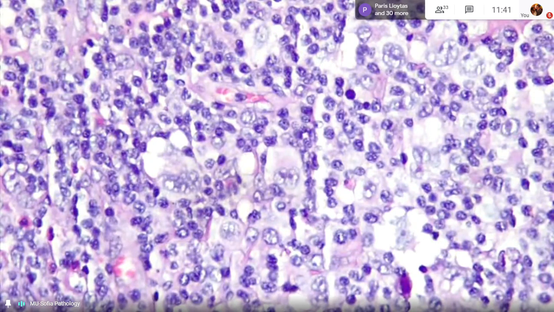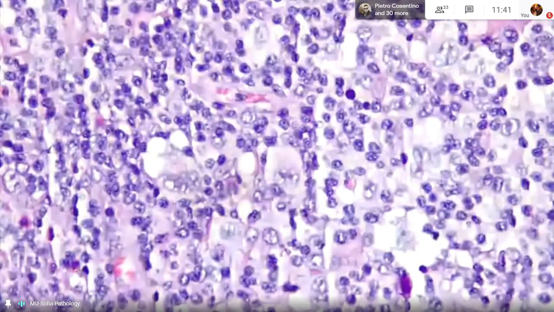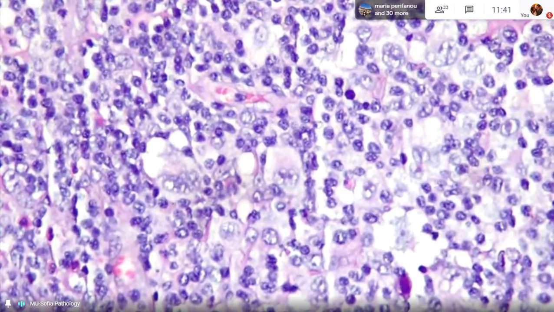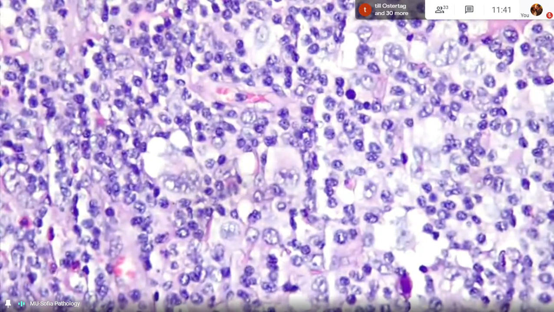This is a typical Reed-Sternberg cell. When we find this Reed-Sternberg cell, or RS cell, with the vesicular nucleus, with the nucleolus almost the size of a lymphocyte, usually red stained, in a lacuna, and the background is of matured lymphocytes and inflammatory infiltrate, plasma cells, macrophages, fibroblasts, then we can make the diagnosis of Hodgkin lymphoma.